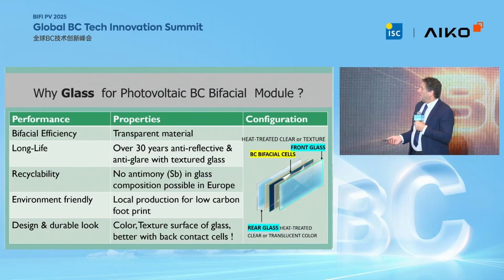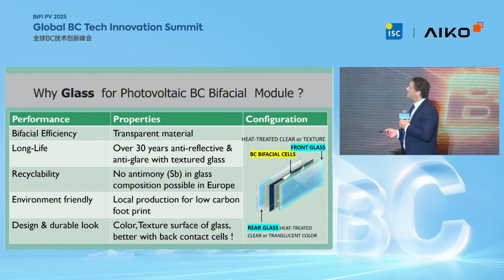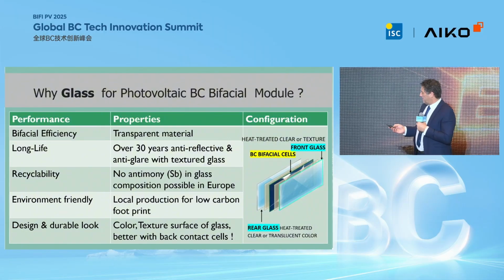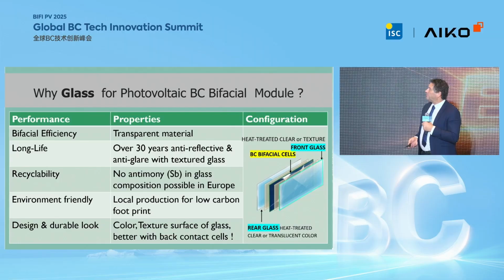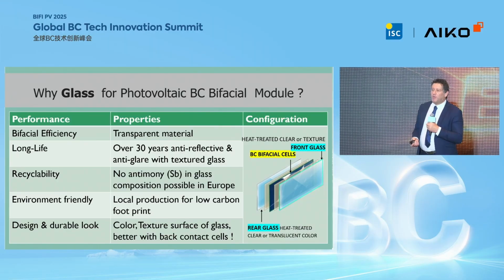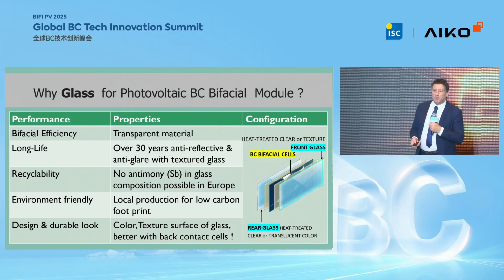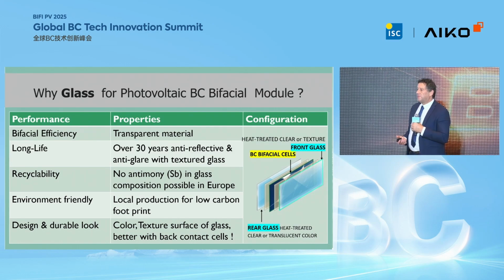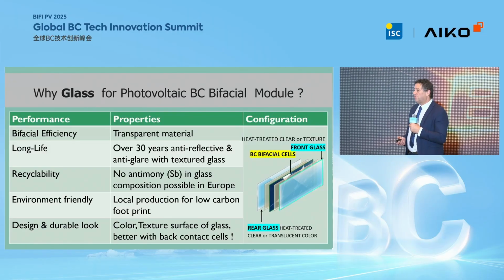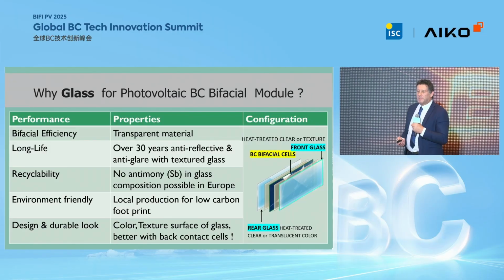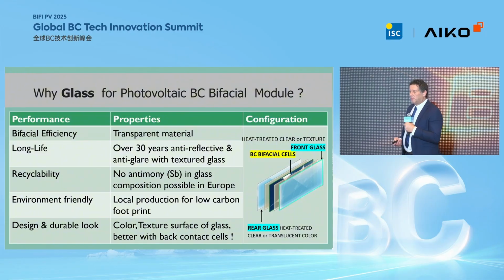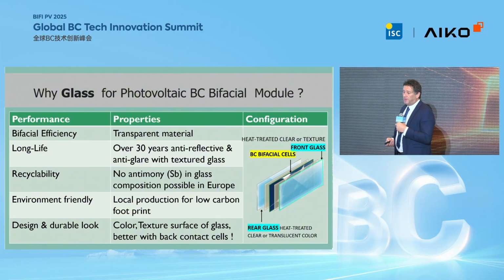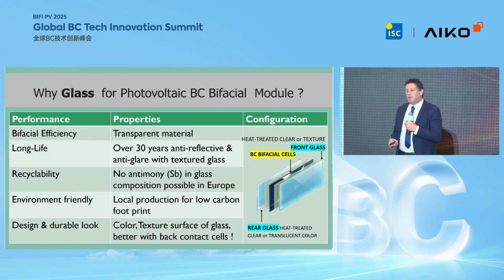And there is a different point that I really wanted to point out: why glass is really useful in the photovoltaic bifacial module. Of course, it's transparent, so everybody uses it, but we need to point out that it's one of the best materials to be used in PV modules, and moreover in bifacial when you have two transparent layers to encapsulate the back contact cells.